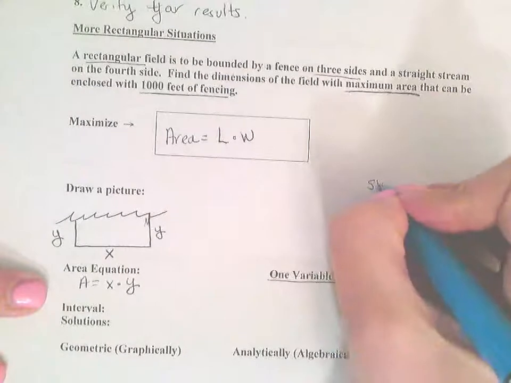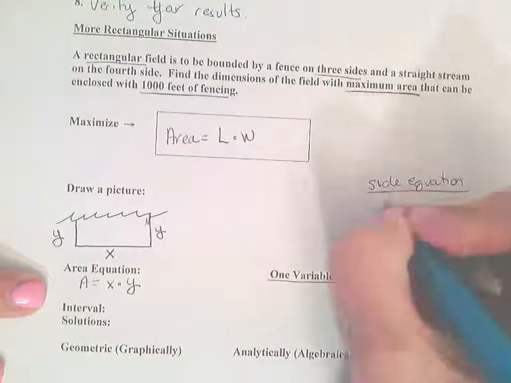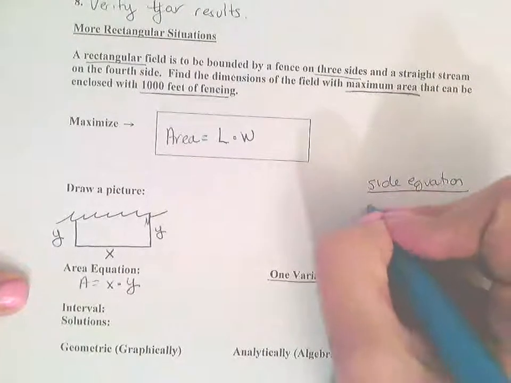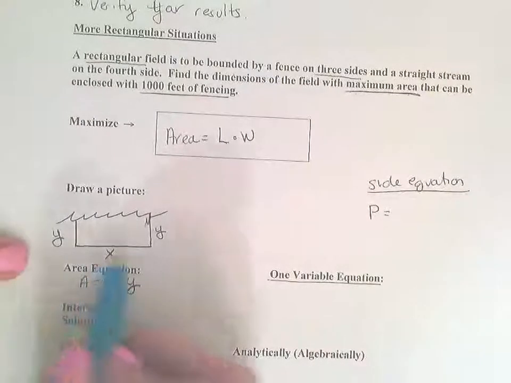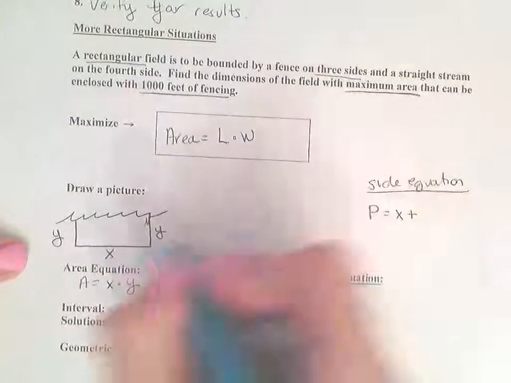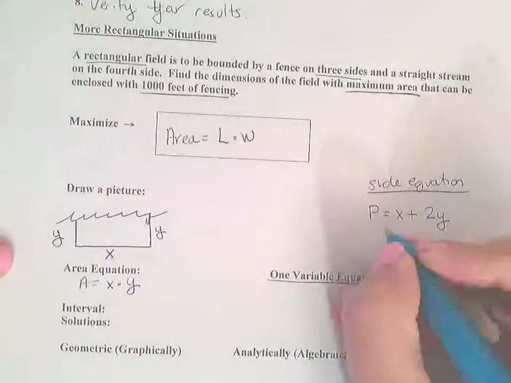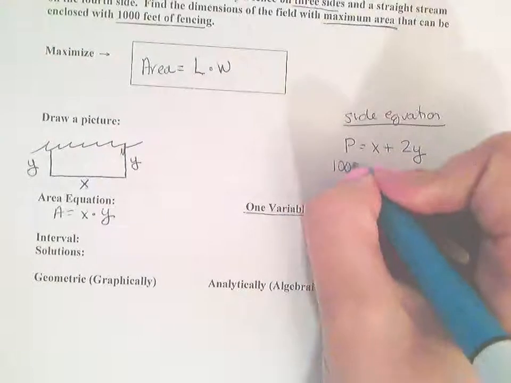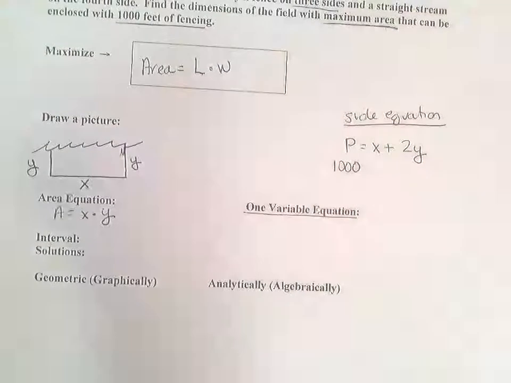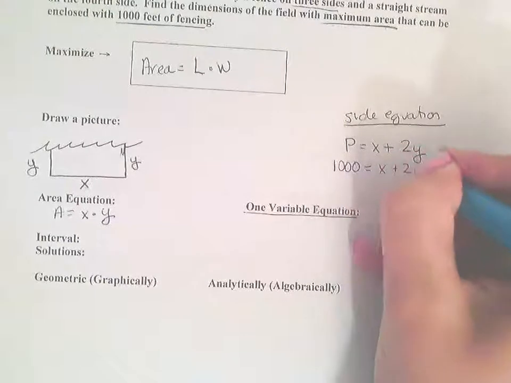So our side equation, I hate the way these notes are set up, honestly. Our side equation is the perimeter. But here the perimeter is only 1x plus 2y's. And they told us that we have 1,000 total to use. So x plus 2y is 1,000.